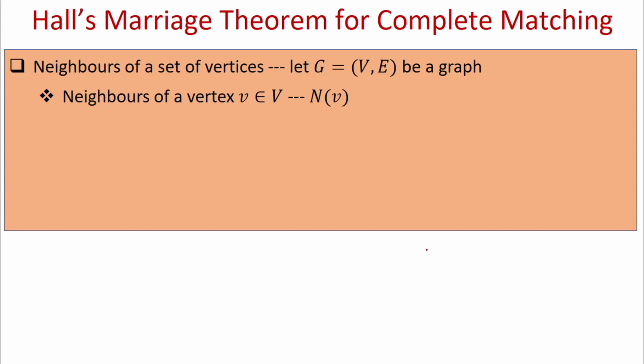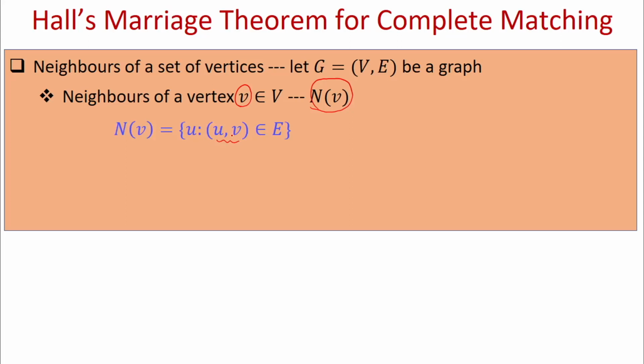If I have a graph G, then the neighbor set of a vertex v is denoted by N(v). And what exactly is the neighbor set of the vertex v? Well, it is the set of all the nodes u such that the edge (u, v) is in the edge set.